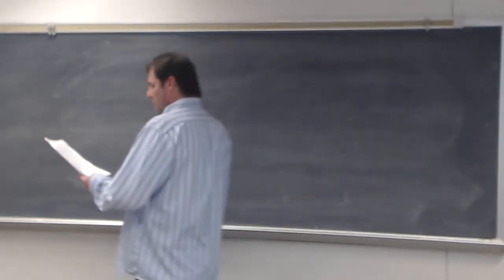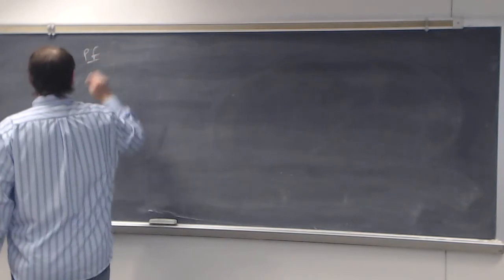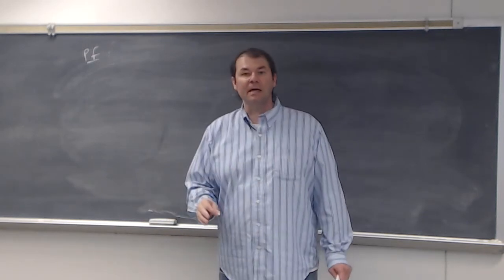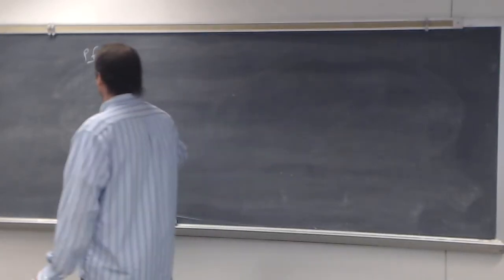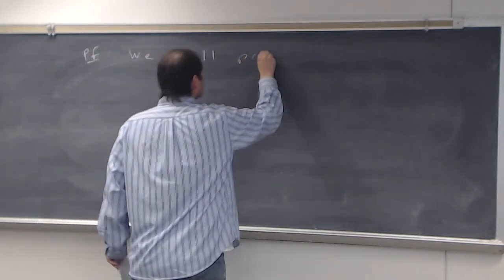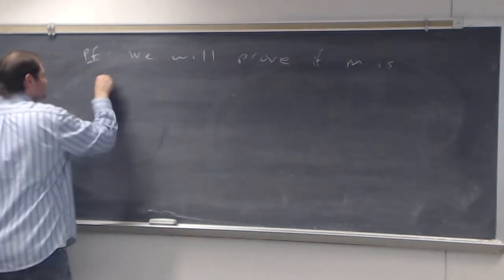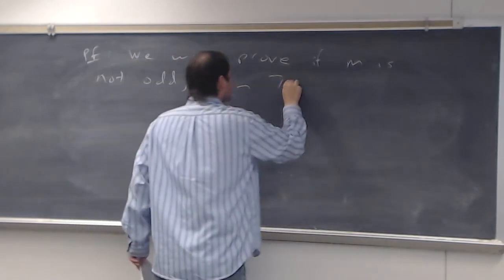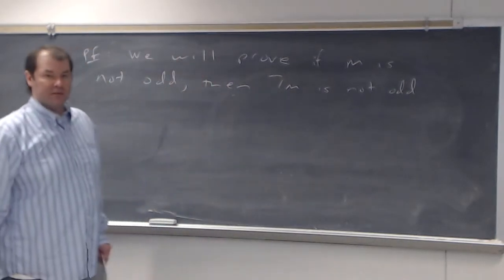Okay, so here we're going to prove that by proving the contrapositive. So I'm indicating I'm starting on the proof. It says if 7M is an odd number, then M had to be odd. So what we will prove is if M is not odd, then 7M is not odd, which is logically equivalent to the original statement.